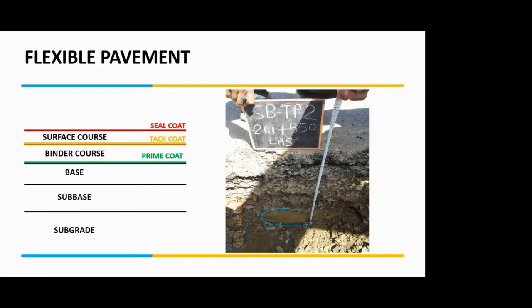So you collect the sample. Whatever is the sample over here, it is the subgrade for this existing pavement. You collect it, take it to the lab, test it for all the soil tests, and then you come to know its CBR.